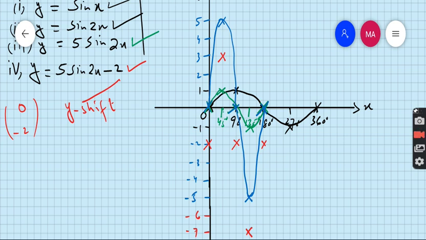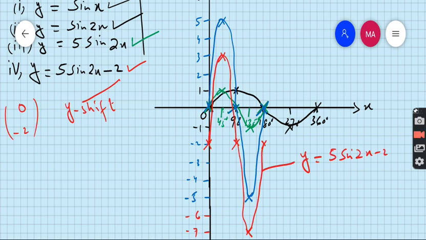Now we have to join all the points. These are our final graph. Not a very good graph, but you have to clear your concept.